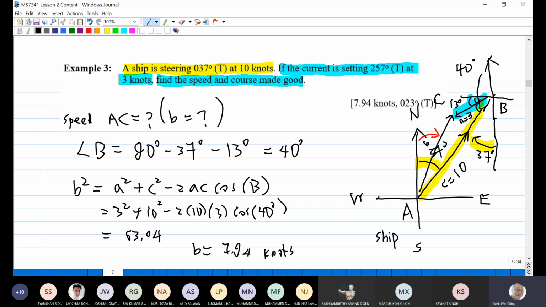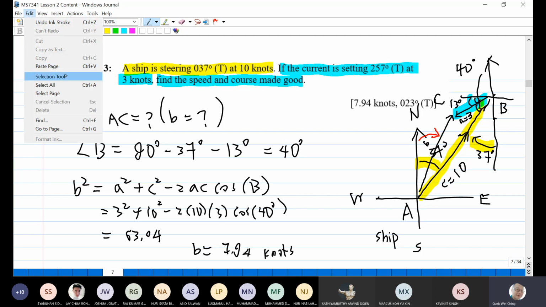Next, I want to copy this question again to find out the course made good there, the direction of the ship. Okay, so next page down.